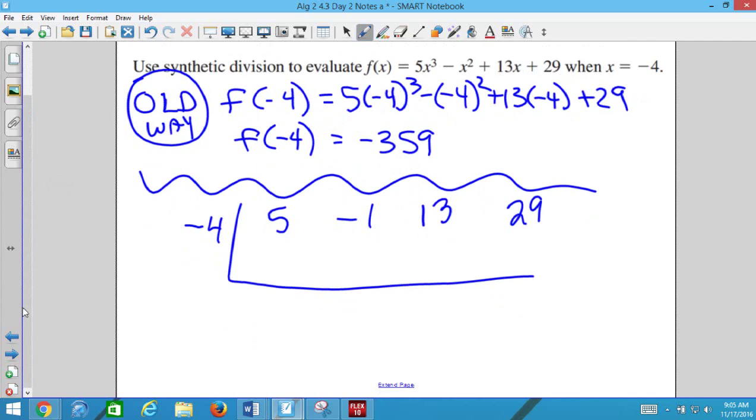Do your synthetic division, what we just learned.